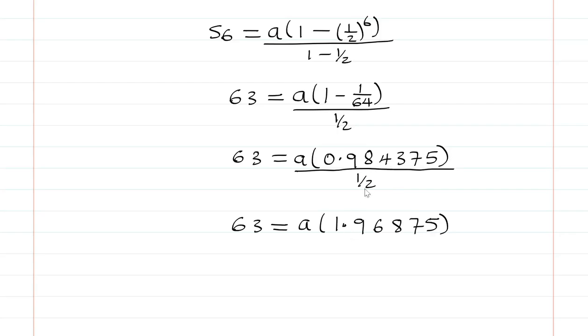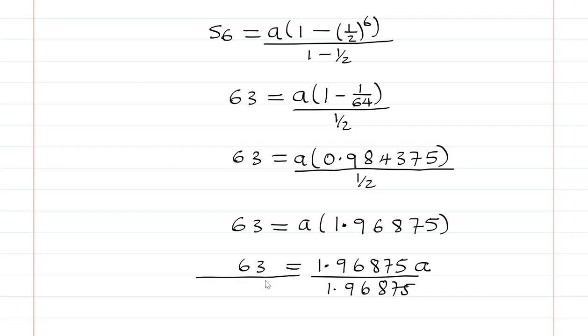And then remember we are looking for A. So we shall have 63 being equal to A times this value, 1.96875A. Then we divide both sides by the coefficient of A, 1.96875 on both sides.